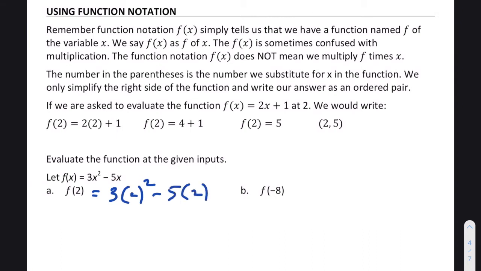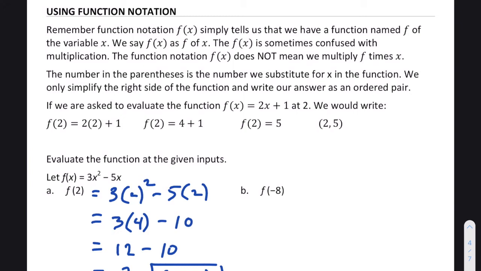This is one that people really get confused with sometimes, and parentheses are hopefully going to help you. We do the exponent before we do the multiplication, so we have 3 times 4 minus 10. Then 3 times 4 is 12, so we have 12 minus 10, and 12 minus 10 is 2. So we would write our answer now as the point 2 comma 2. So for f of 2, we would say it's 2 comma 2.